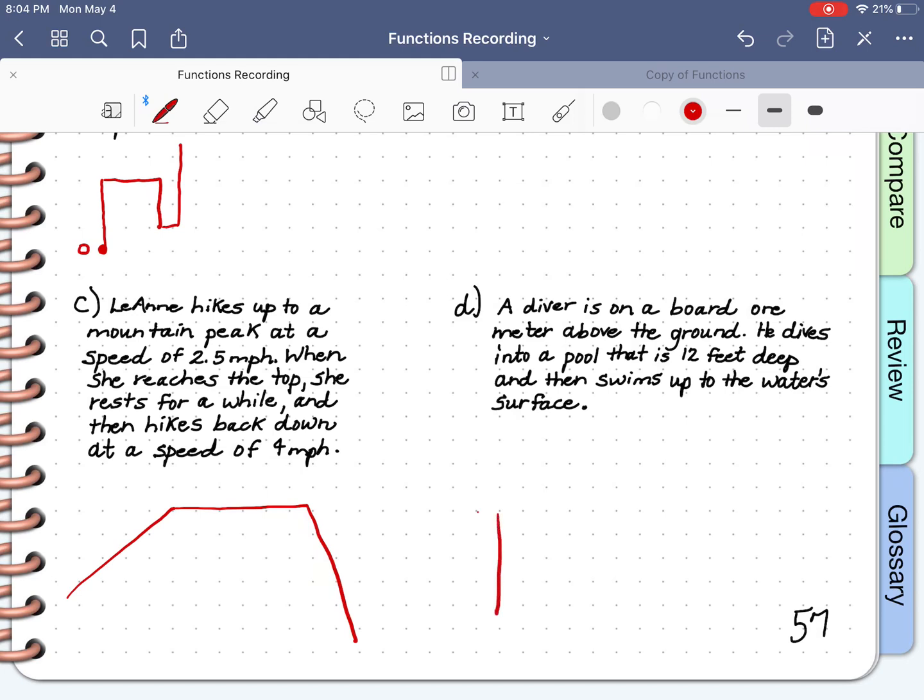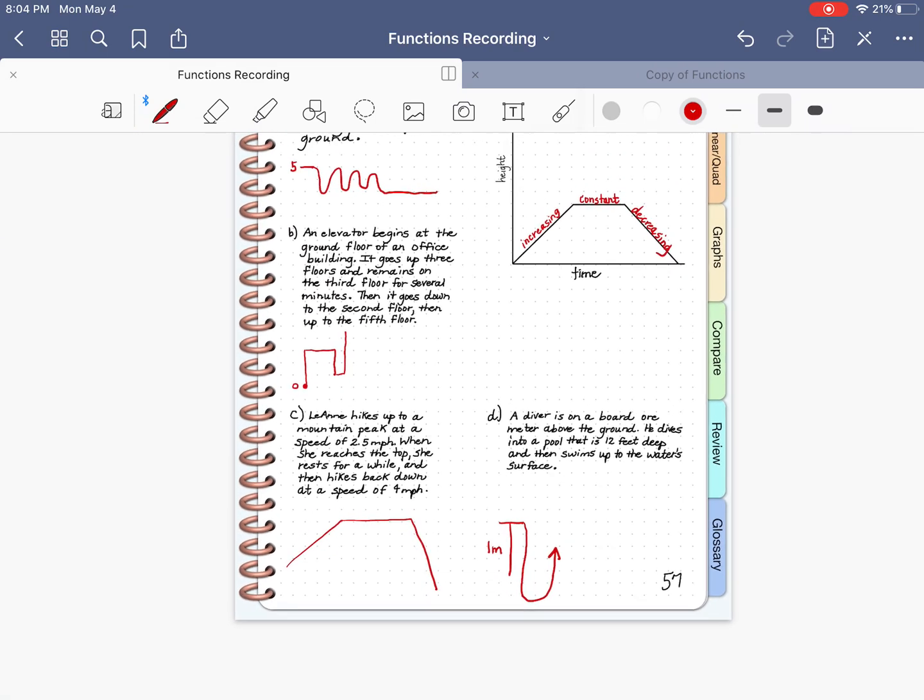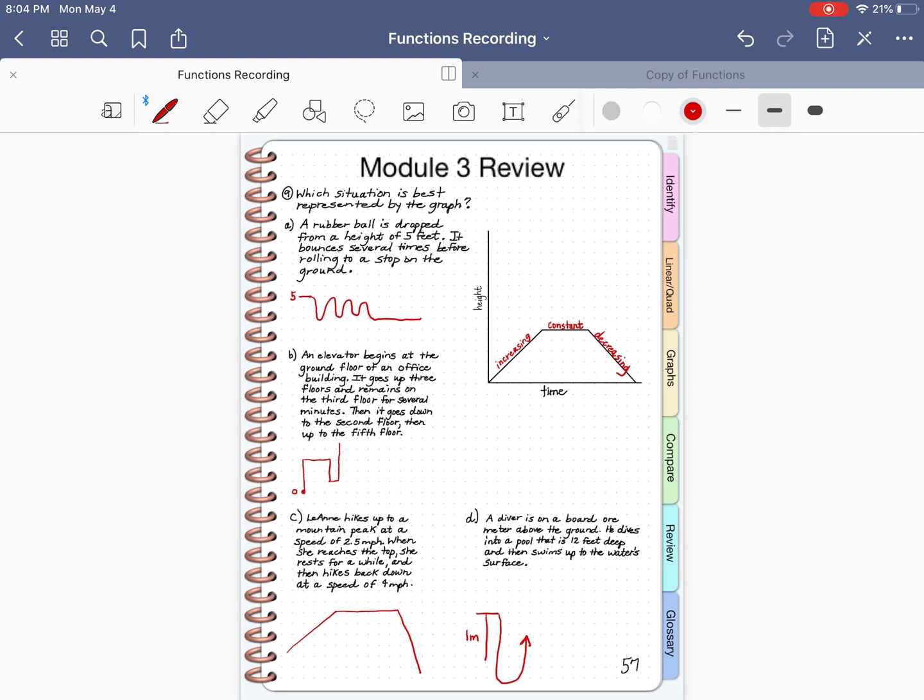So here he is up here on this board. He dives into a pool that is 12 feet deep and then swims up to the water's surface. The only one of those that is even remotely close to what I'm looking at is C. I've seen these a lot, guys, on the science test. I didn't have to do any math. It's science reasoning that they're testing there.